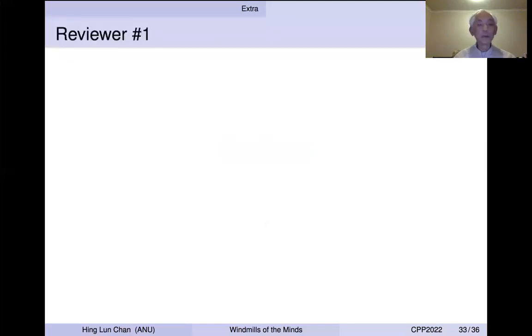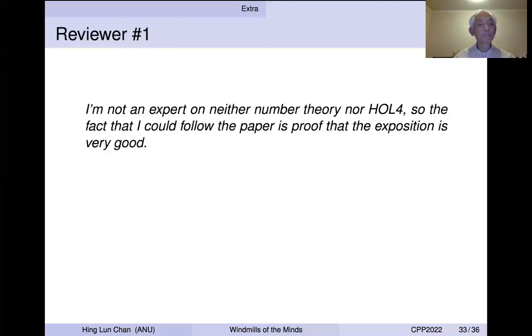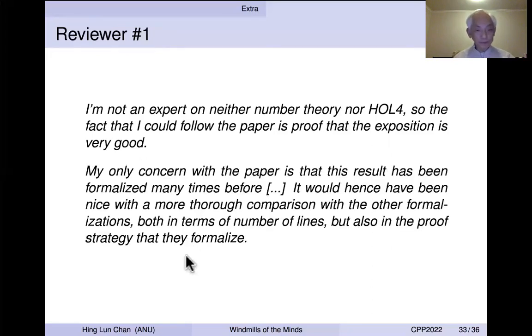For reviewer number 1, he said that he is not an expert on either number theory or HOL4. So the fact that he could follow the paper is proof that the exposition is very good. That's encouraging. And he said, my only concern with the paper is that this result has been formalized many times before.